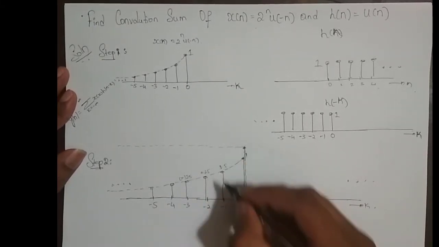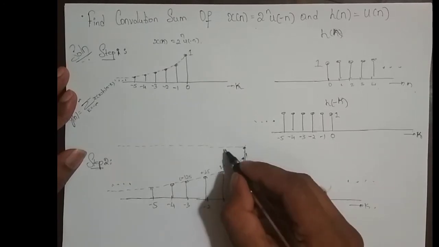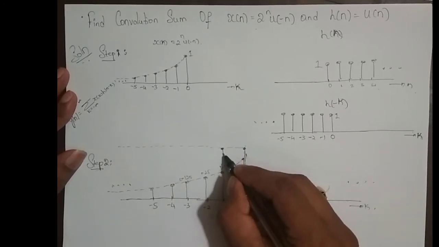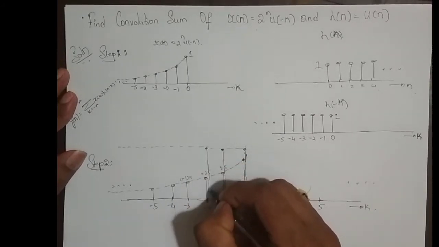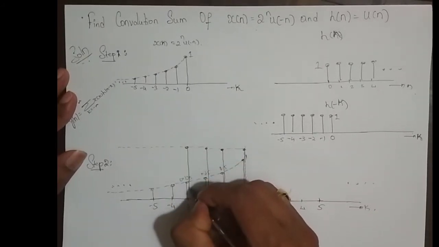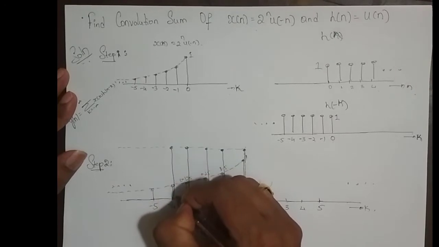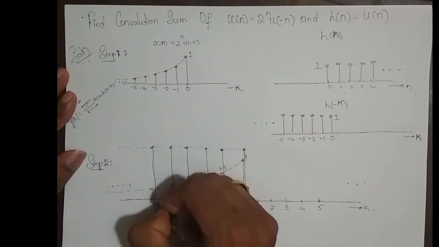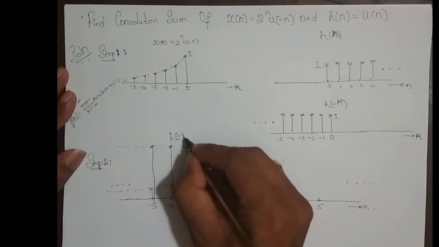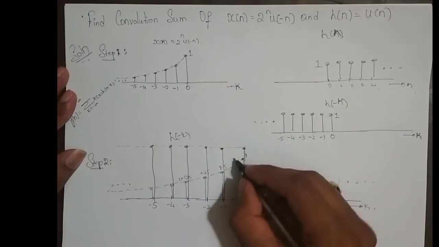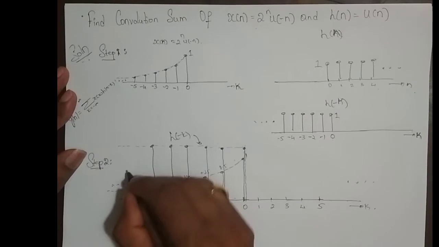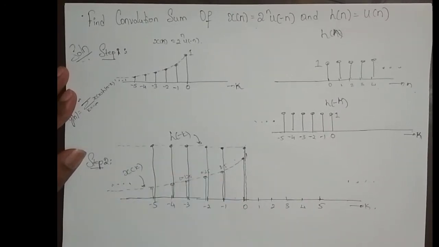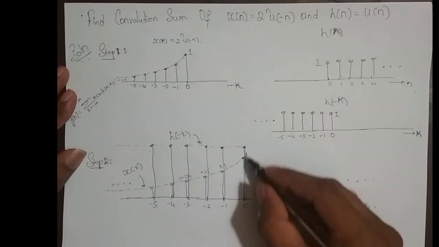So this is the h of minus k sequence, and this sequence is the x of k sequence. I did not overlap the samples because if I overlap them, it might be confusing for you.